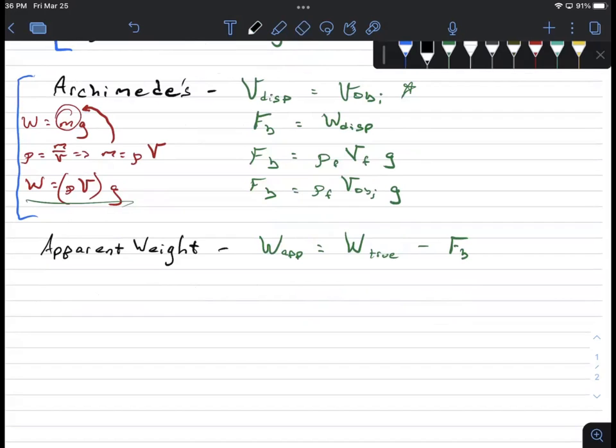And what this says is the percent submerged equation. The percent submerged, or what fraction of the object is under the water, is given by the density of the object divided by the density of the fluid.